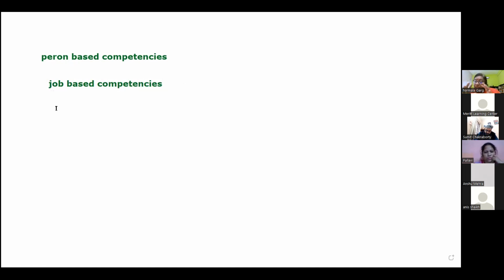The elements of a competency don't differ.